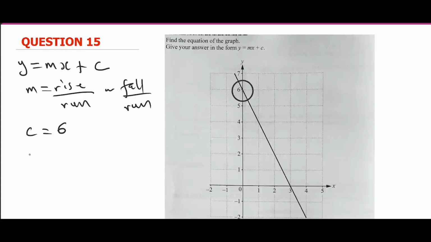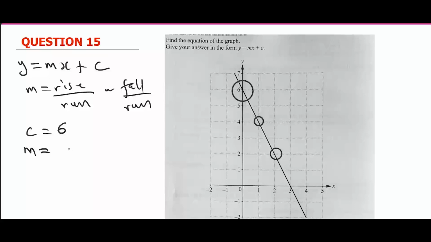Okay, now next we need to find the gradient. Let's start from the intercept on the y-axis, that is from 6. Then let's go down how many times. So we need to mark this point and this point, just to confirm. If you go down 1, 2 times, then you run forward once.